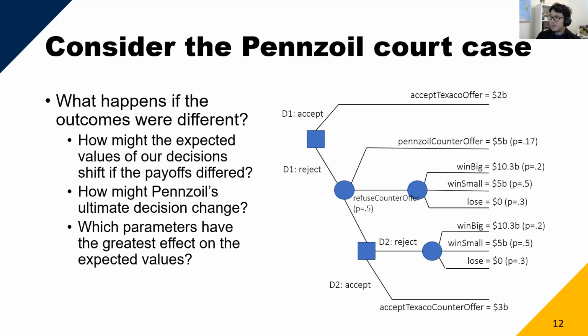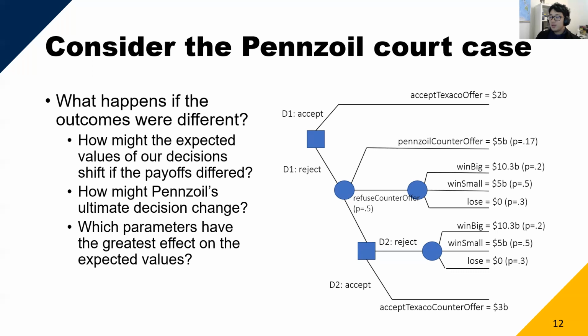And so there were some questions last time about, how do we know that a particular probability is going to be at whatever value that we set it at? Or how do we know that a particular counteroffer or the court award is going to be set at whatever those values were.